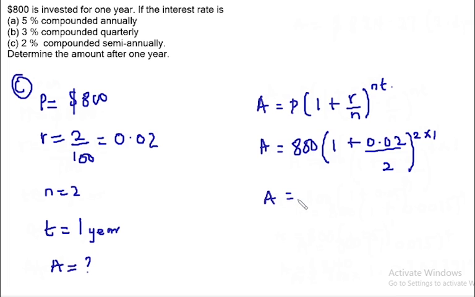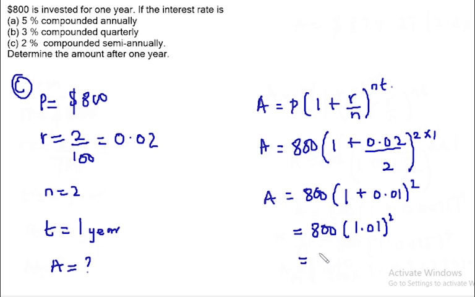A is equal to 800 open brackets, 0.02 divided by 2 is 0.01. So we have 1 plus 0.01. 2 times 1 is 2. This is equal to 800. Solving the things in the bracket, 1 plus 0.01 is 1.01 to the power of 2.